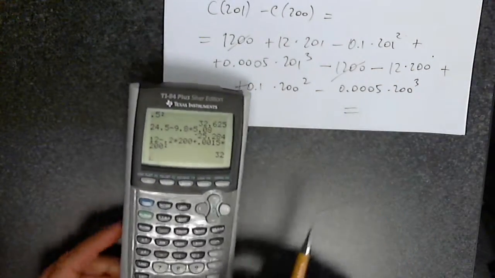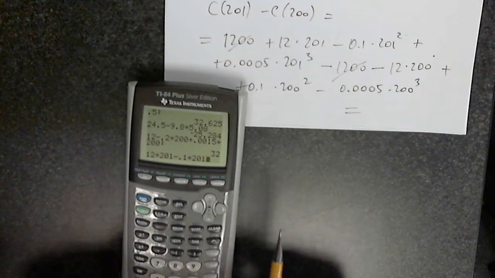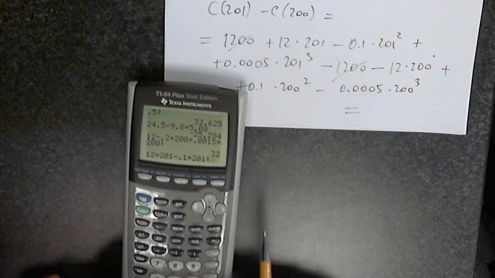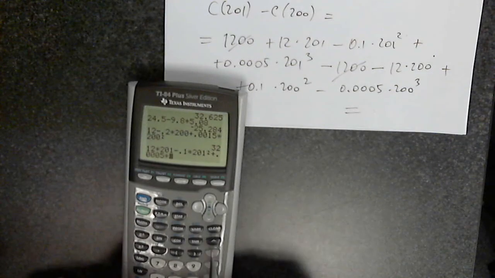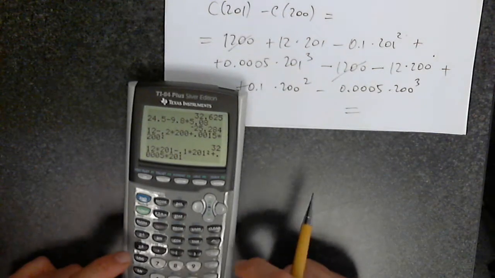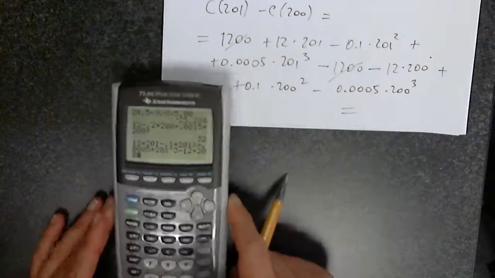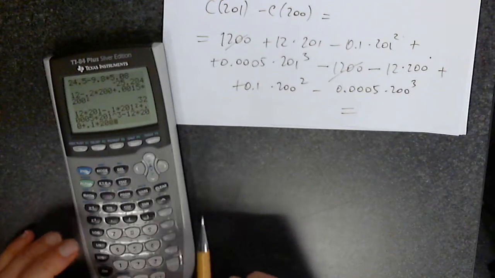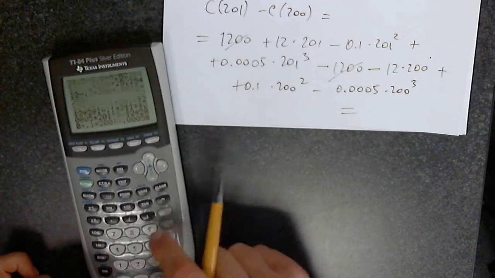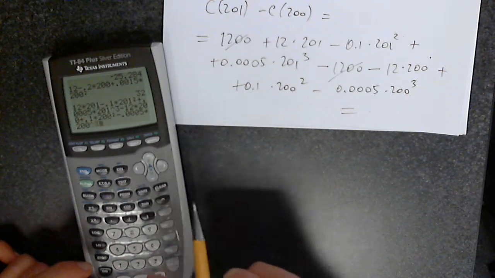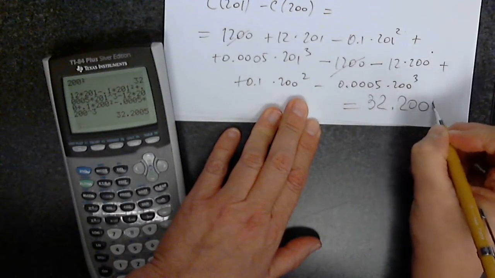Okay, so I'm just punching in the calculator now. Of course, these two go away. 12 times 201 minus 0.1 times 201 squared plus 0.0005, 3 zeros, yes, times 201 cubed. I'm here now. Minus 12 times 200 plus 0.1 times 200 squared, and then minus 0.0005 times 200 cubed. 32.2005.